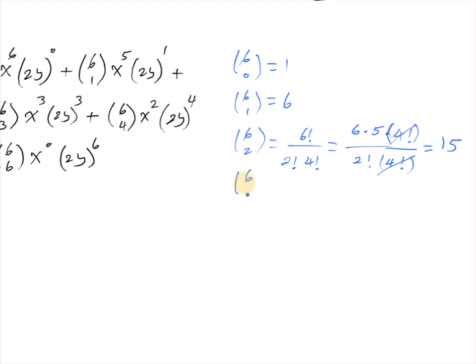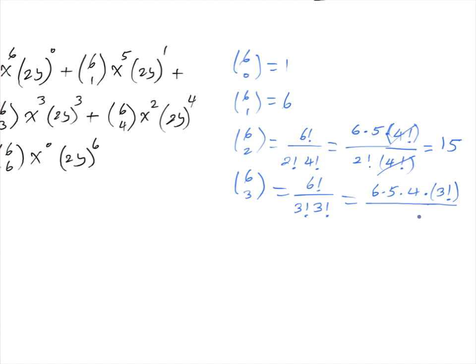Now 6 choose 3 is 6 factorial divided by 3 factorial times 3 factorial. And that's equal to, so here you can write similarly to the previous one, you can write 6 factorial as 6 times 5 times 4 times 3 factorial.